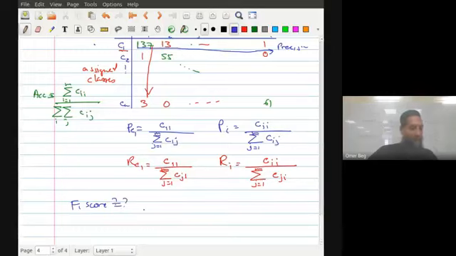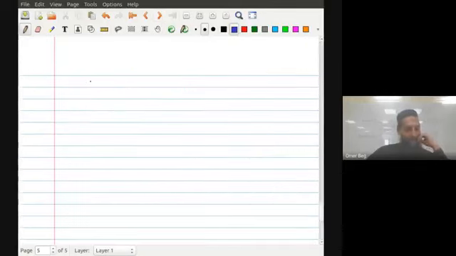So what's the F1 score? There are multiple ways of calculating this F1 score. One of them is called macro averaging, or let's go with micro averaging first.